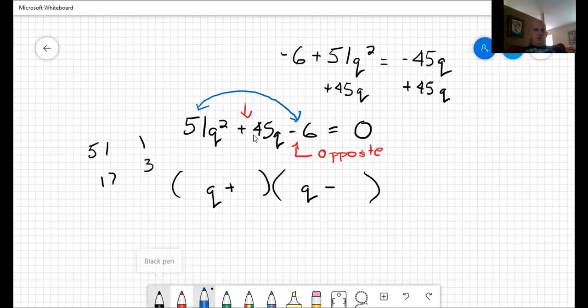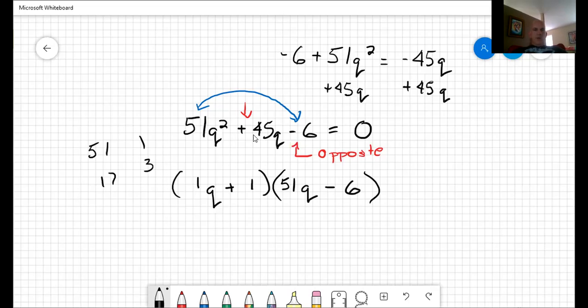So what I'm going to do is my first number, again, the inside combination needs to be the bigger combination. So 51 is going to go here, 1 would go there. The other combination I need is 6 and 1.